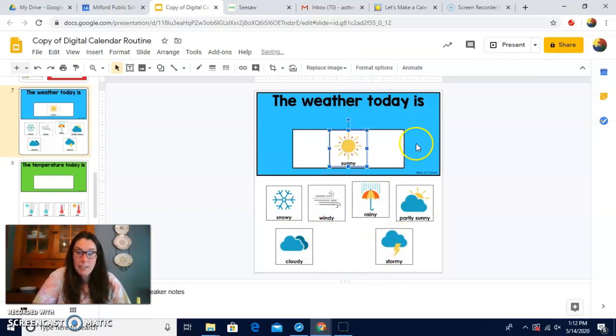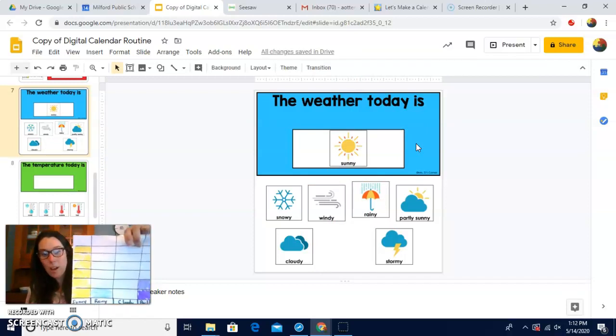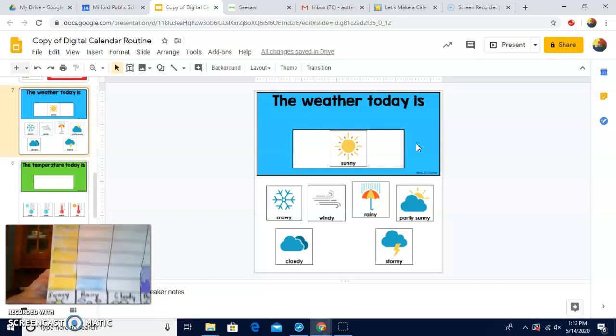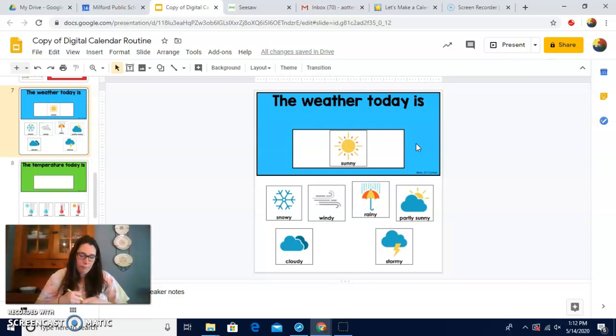The weather today is sunny, right? On my weather chart, we're running out of days. Sunny days. I have to make a bigger one. All right, so when I color in the square, sunny day, sunny day, sunny day.